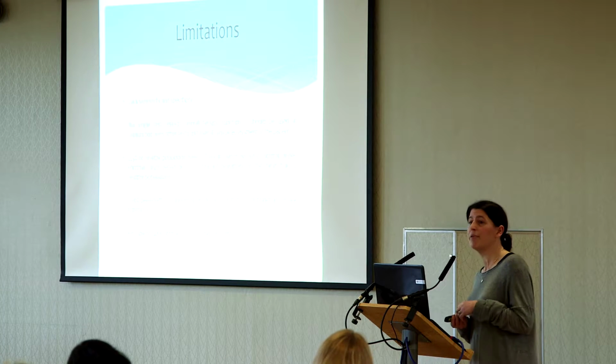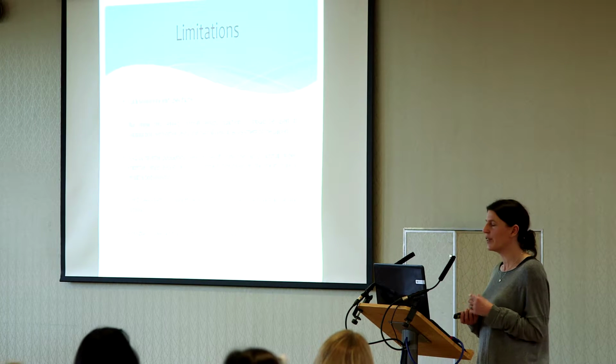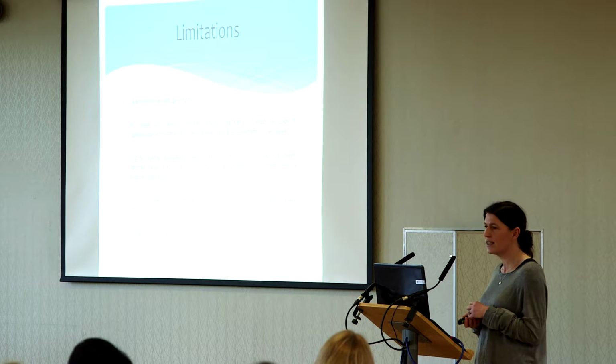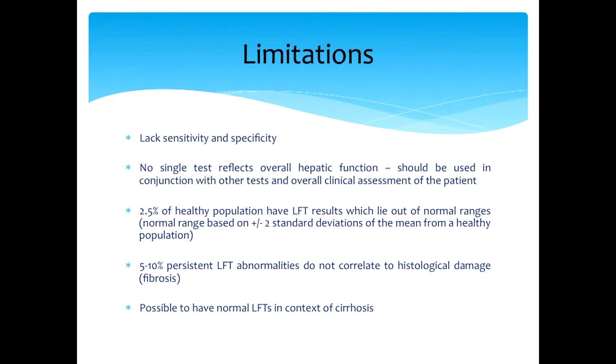They certainly have limitations, and liver function tests really can be pretty useless in a lot of situations. They lack sensitivity and specificity. As I've said, no single test reflects overall hepatic function. About 2.5% of the healthy population will have abnormal liver function tests.